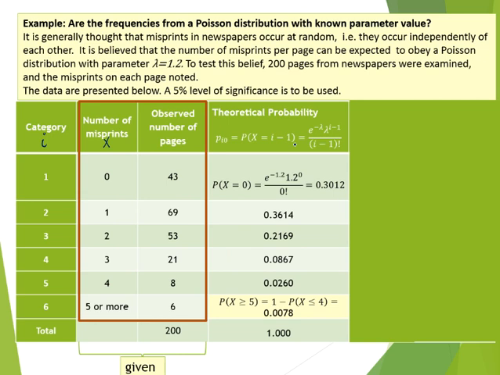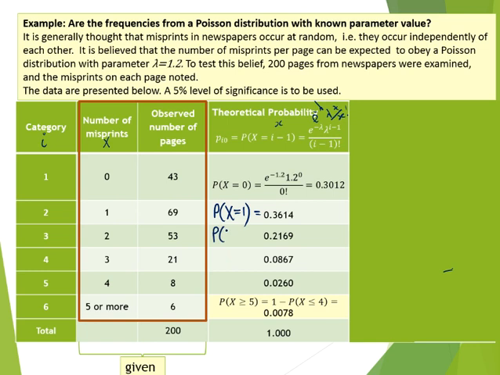So that's where my general formula comes from. But it's the same as the probability that x is equal to x, e to the minus lambda, lambda to the x over x factorial. It's the same thing. So there's your probability. This is the probability that x is equal to 1.